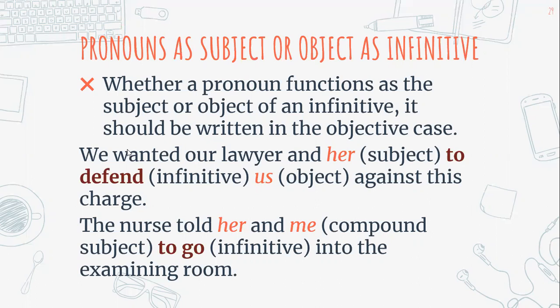Again, the issue with this is mainly seen in formal writing and speaking. In informal settings, we would just say maybe a noun with our lawyer in the first sentence. So it would be, we wanted Candice and our lawyer to defend us against the charge.